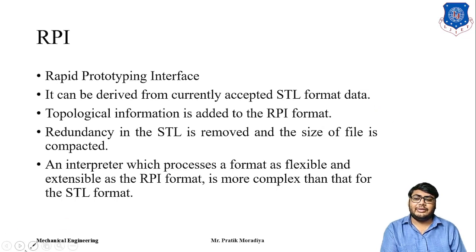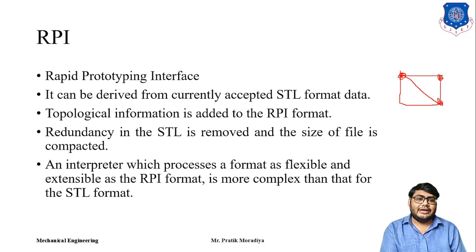So for example, let me just show you. If we have this type of shape, this is one vertex, this is another vertex, and this is the third vertex.